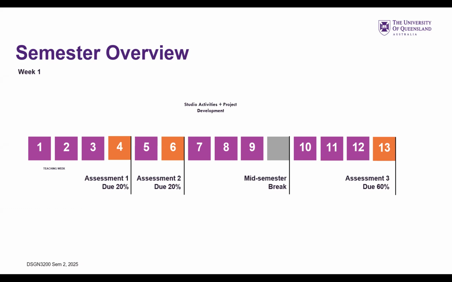So the first assessment is due in week 4, 20% of the final grade, and that will be the affinity map. I'll talk to you about it in a minute. Assessment 2 is due week 6, the design brief, and the final assessment in week 13. Again, everybody who has been in this school knows the drill. Week 13, design week, you have your final crit.